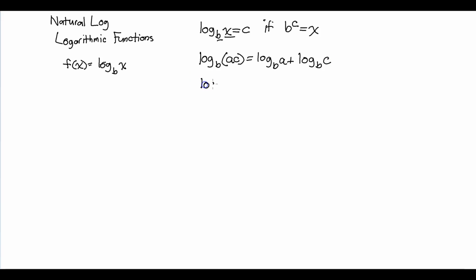Log base b of a over c equals log base b of a minus log base b of c. Log base b of a to the c equals c times log base b of a.